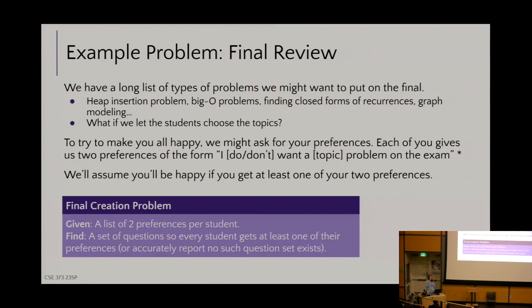And I am going to attempt to make a final exam that will satisfy one of your 2 votes. I can't satisfy both, but if you give me 2 options, I'm going to make sure that everybody has at least one satisfied. So if you say yes, I want an MST problem, no, I don't want a shortest path, then maybe I will spit out an exam that has no shortest path on it, and at least one of your 2 would be satisfied.